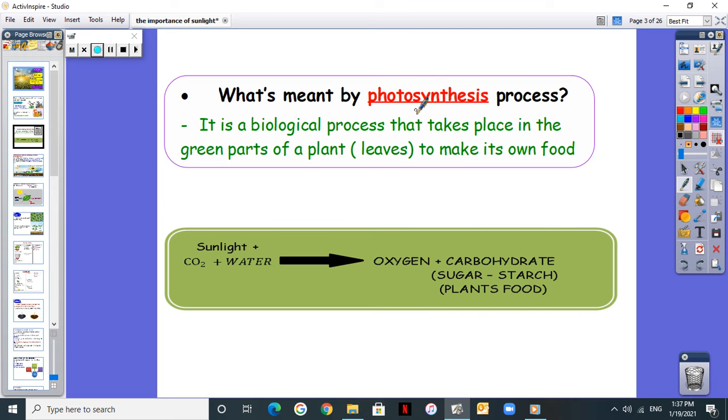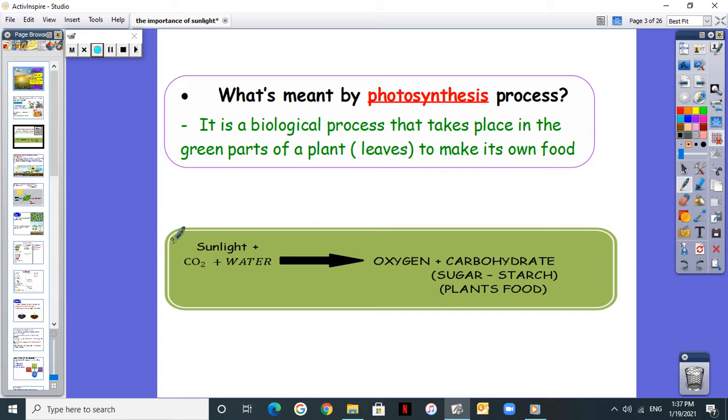Photosynthesis is a biological process that takes place in the green parts of a plant, or in the leaves, to make its own food.